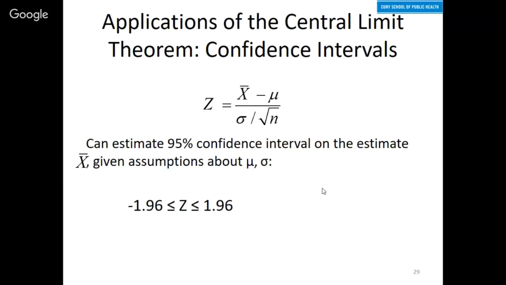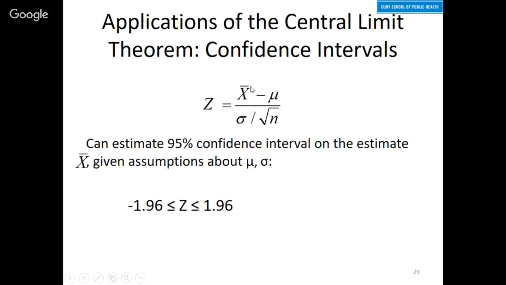We will also use it for confidence intervals, and this is just a teaser. We're going to get into this in earnest next week, but I want to start you thinking about it. In this approach, you can estimate 95% confidence intervals from your estimate, given assumptions about your mean and your standard deviation.